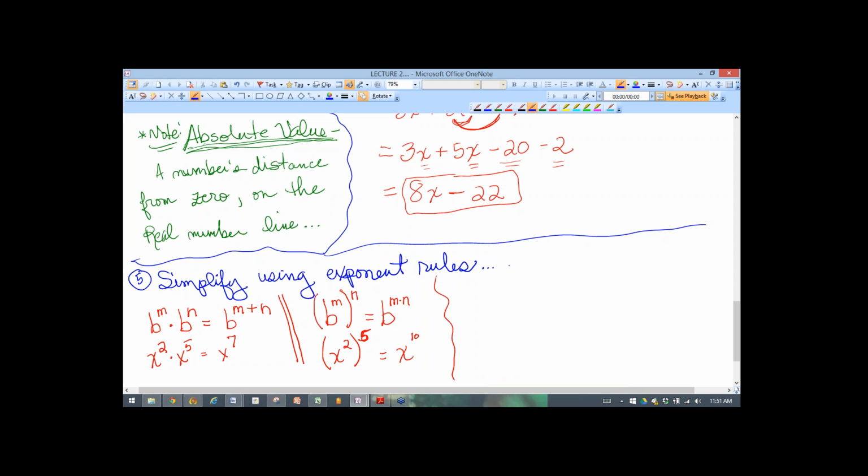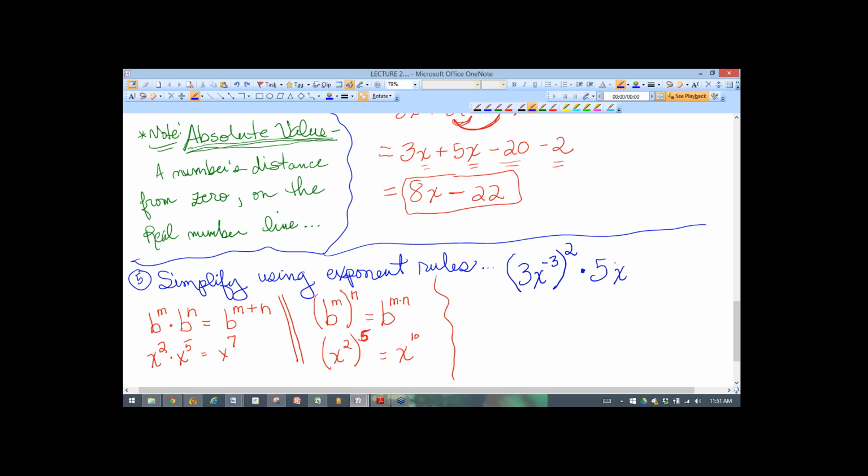So here's this one, give this a shot: open parentheses, 3x to the negative 3rd power, close parentheses squared, times 5x.